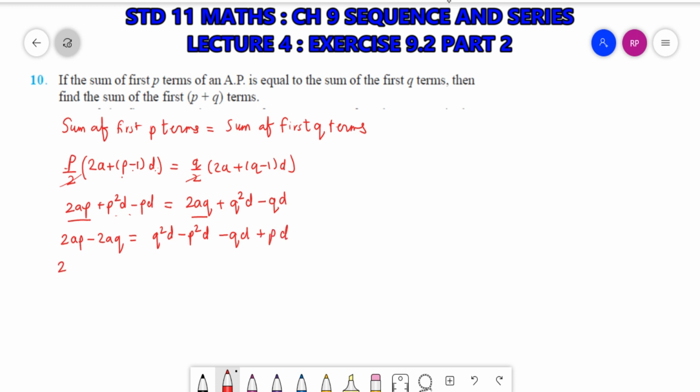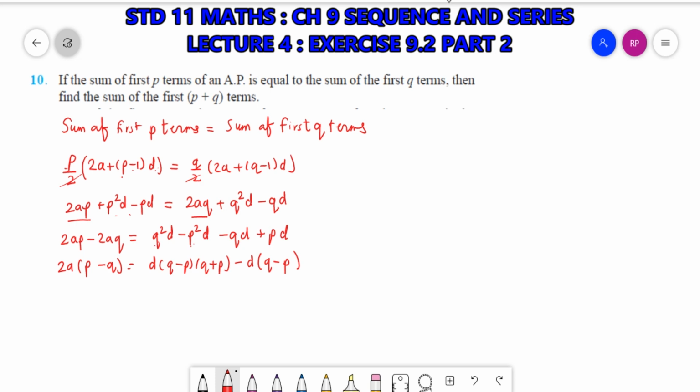So let's take 2a common here. It will be equal to (p minus q). Here d common, so (q square minus p square). Okay, so I can take (q minus p)(q plus p) because it is q square minus p square, minus d common, so it will be (q minus p).